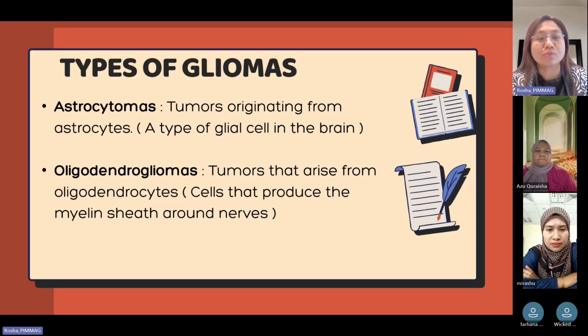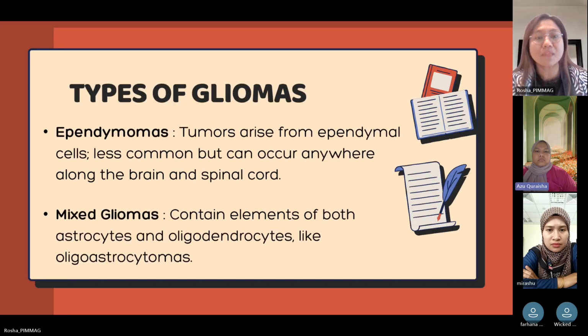For astrocytomas, the tumors originate from astrocytes, a type of glial cell in the brain. Oligodendrogliomas are tumors that arise from oligodendrocytes, the cells that produce the myelin sheaths around nerves. Ependymomas are tumors that arise from ependymal cells, which are less common but can occur anywhere along the brain and also the spinal cord.